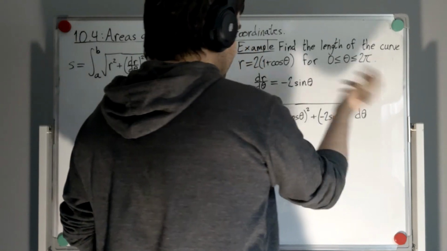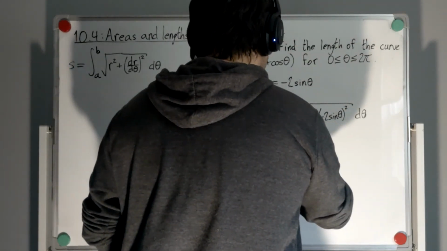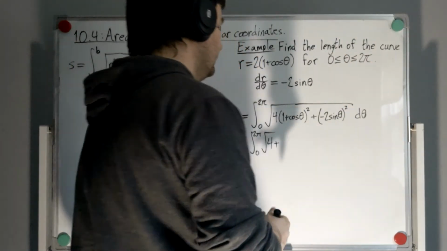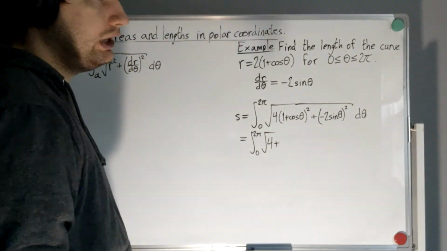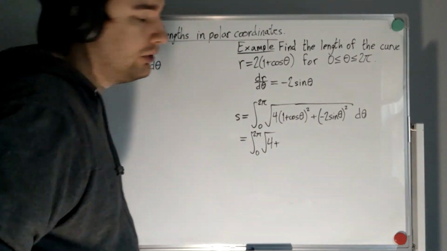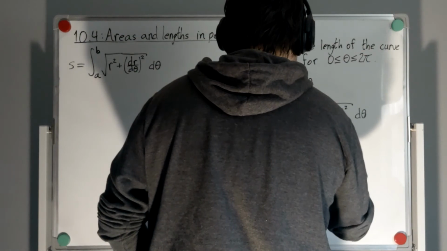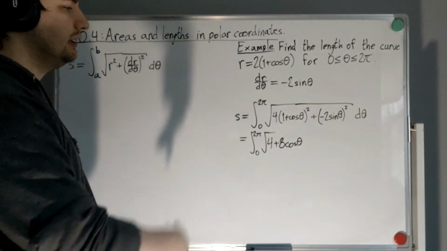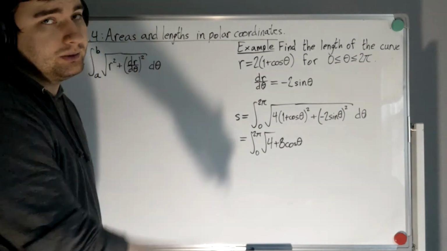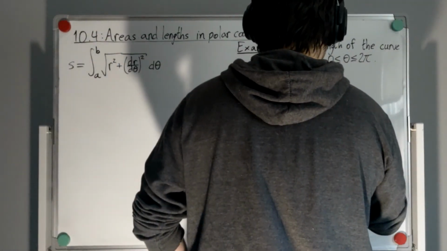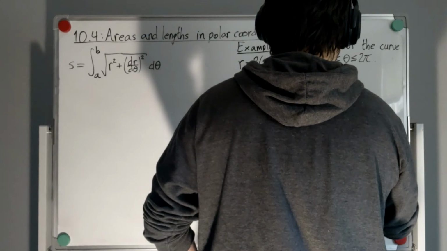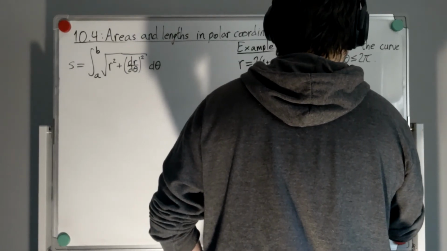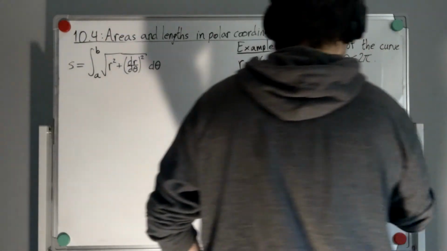So 1 times 1 is 1, multiplied by 4, you get 4. 1 cosine theta plus 1 cosine theta is 2 cosine theta, multiplied by 4, and you get 8 cosine theta. Cosine theta times cosine theta is cosine squared theta, multiplied by 4, and you get 4 cosine squared theta. Then add to this 4 sine squared theta.